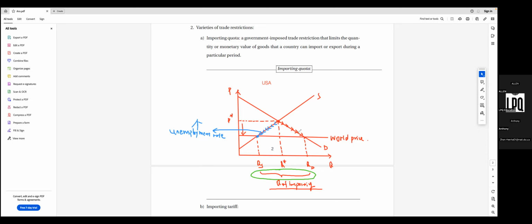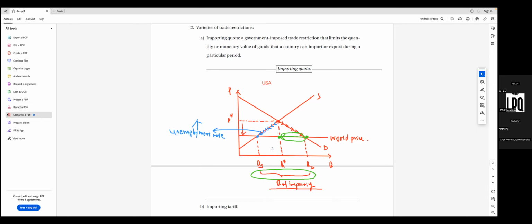Let's see, the limit is here. So from here to here, this is a small circle here. This is the upper limit. This is the maximum amount of pencils we can import from China. So what is the effect? What is the purpose of adding a quota into this model?